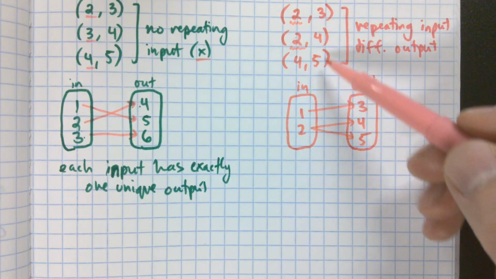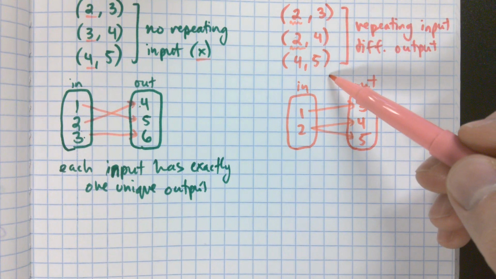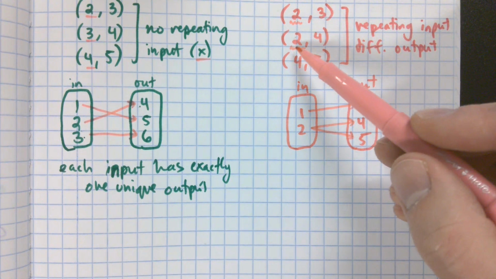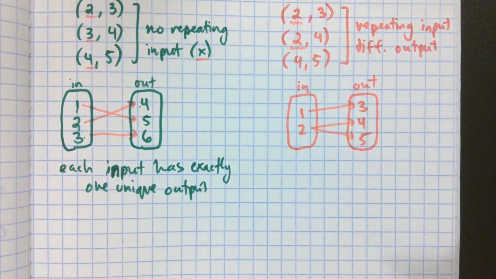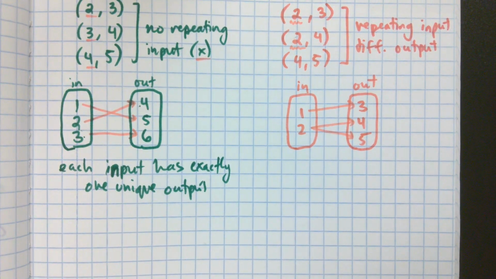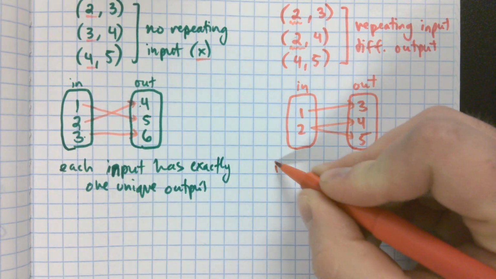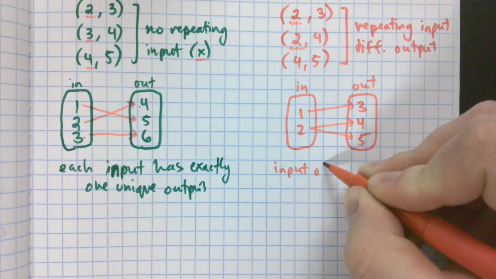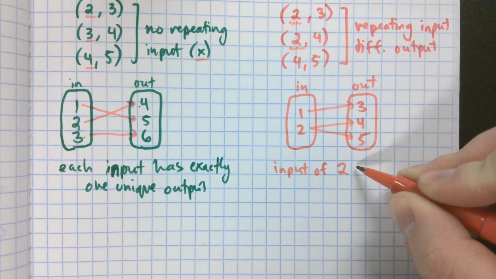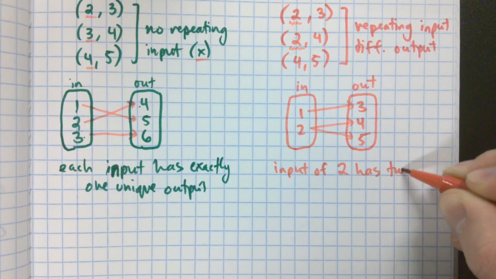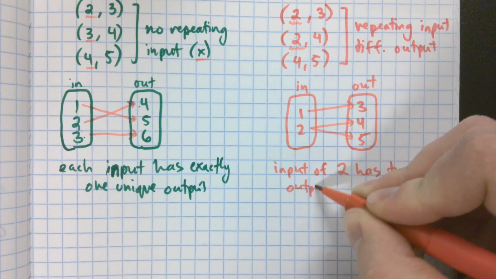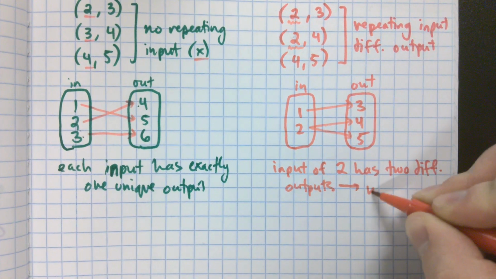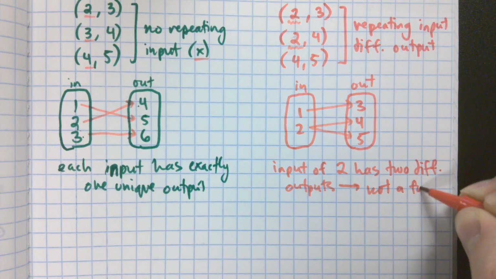Just like we saw up here, right? 2 to 3 and 2 to 4. Here we've got 2 to 4 and 2 to 5. We cannot have that. So we could say input of 2 has 2 different outputs. This is not a function.